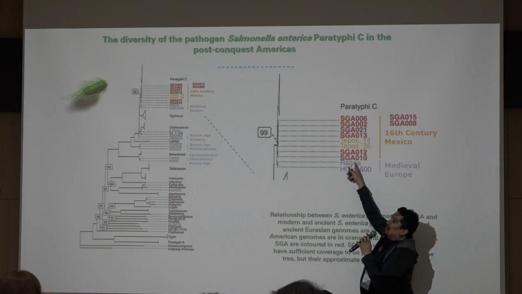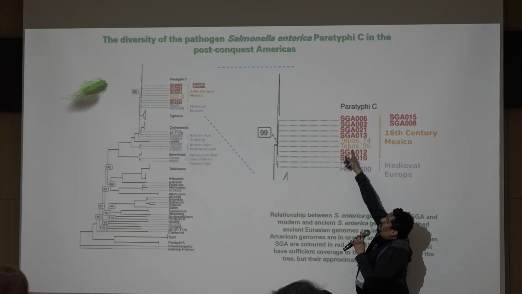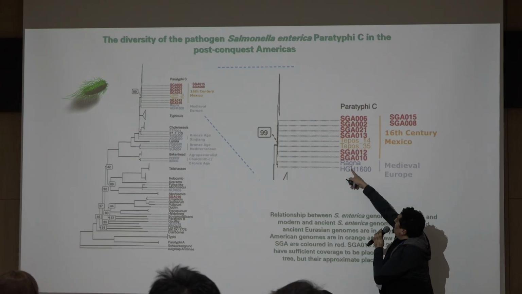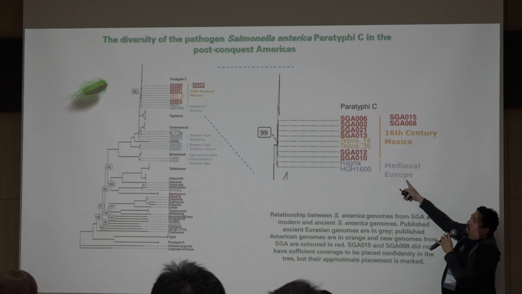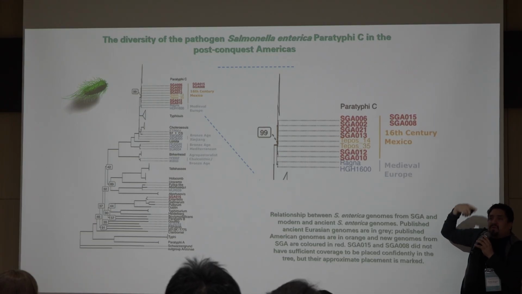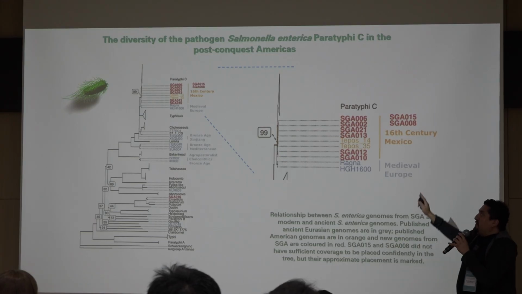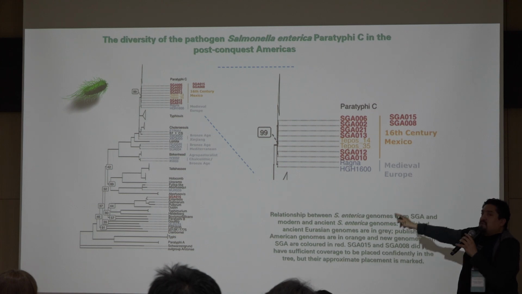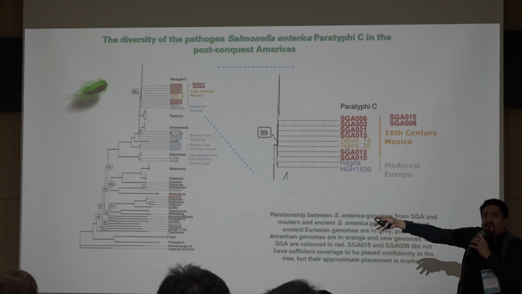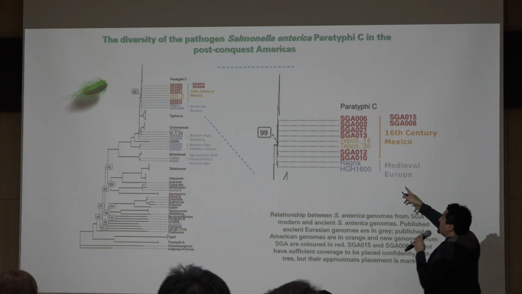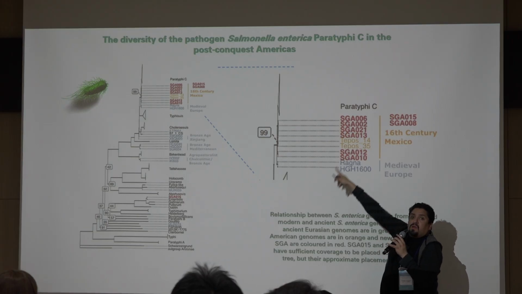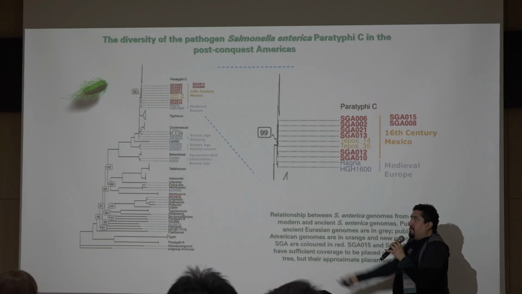The new site, San Gregorio Tlapulco, in red, clusters together with Tepozcolula, but also with two medieval European strains of the same pathogen. This further supports the idea that this strain originated in Europe in the medieval period and was then transported to the Americas, because that's the only explanation for them being so close together genetically.